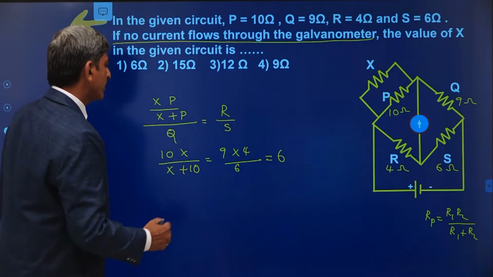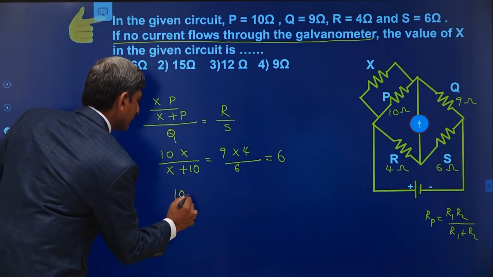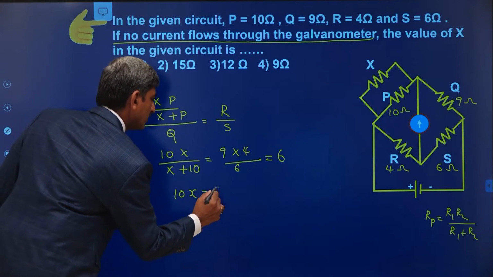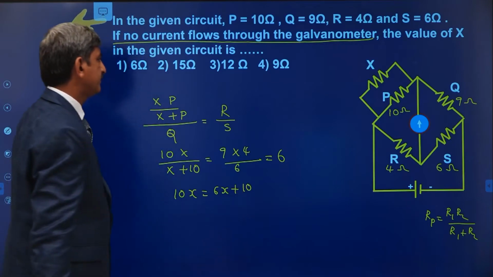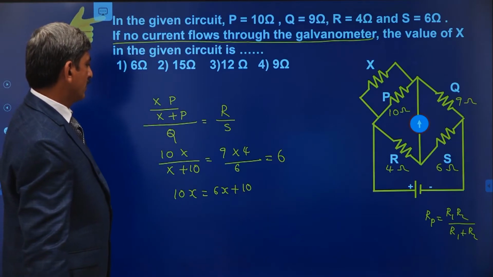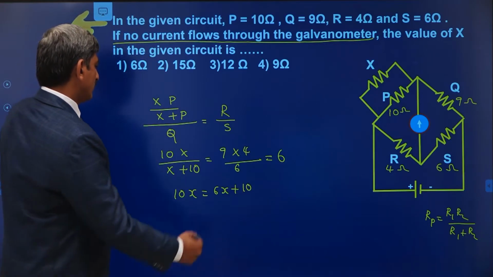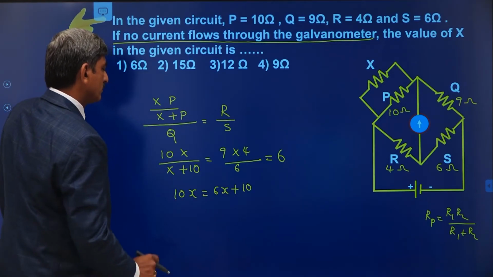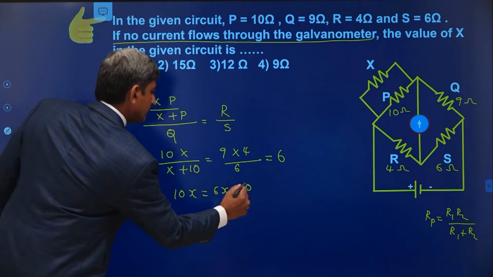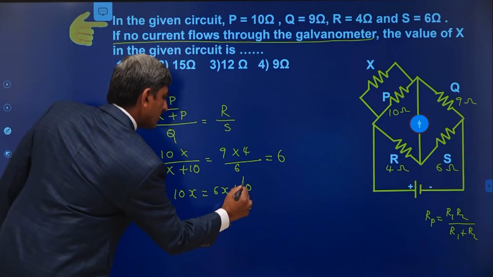Now by cross multiplying, we have 10x is equal to 6 times x plus 10. That is 6x plus 60.